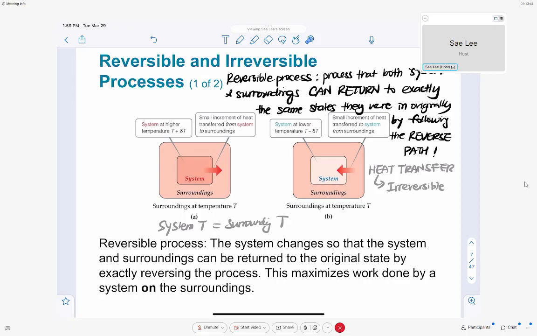Okay, because an extremely small, negligible amount of change in temperature is made, we can still consider this process reversible. Okay, since we made extremely small or negligible change in temperature, we consider this as no change.